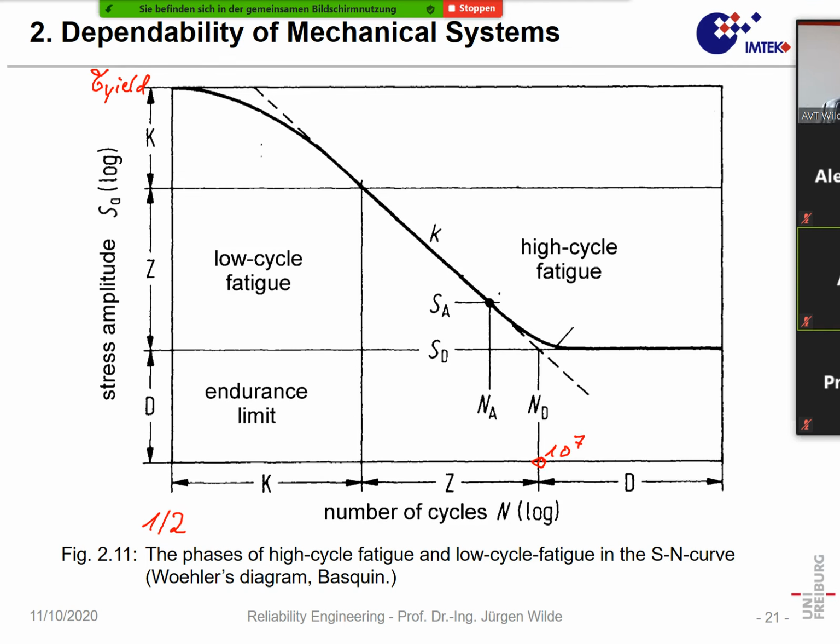And so we have this slope going down, and the endurance limit or the fatigue limit is typically 0.4 to 0.6 of sigma yield.